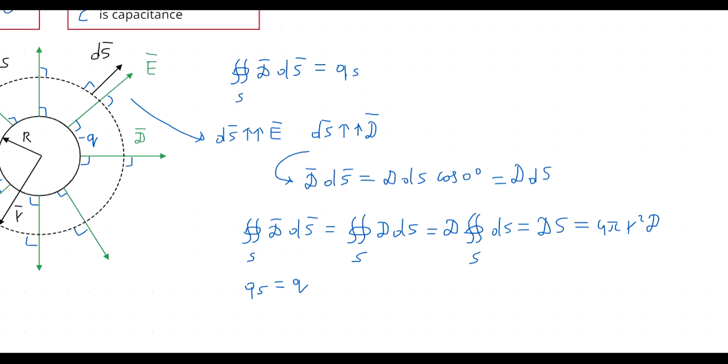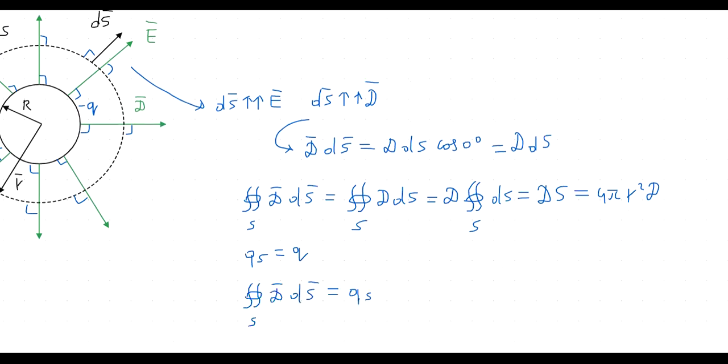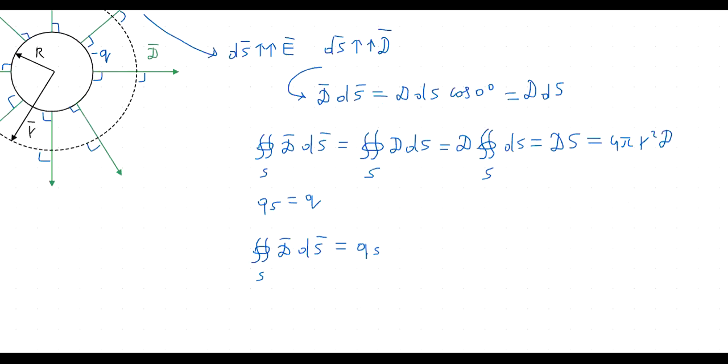Okay, let's use the Gauss-Flux theorem, and from here we obtain that 4 pi r squared times the absolute value of the electric displacement vector is equal to charge Q.